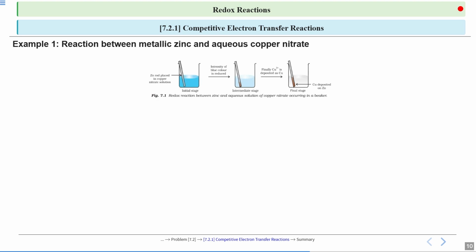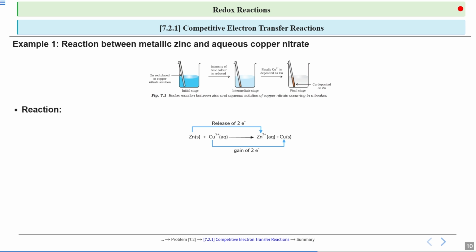We can write it as Zn plus Cu2+ gives Zn2+ plus Cu. Here I have written just Cu2+ because the exchange of ions is taking place, as the brown color deposition is also of copper.